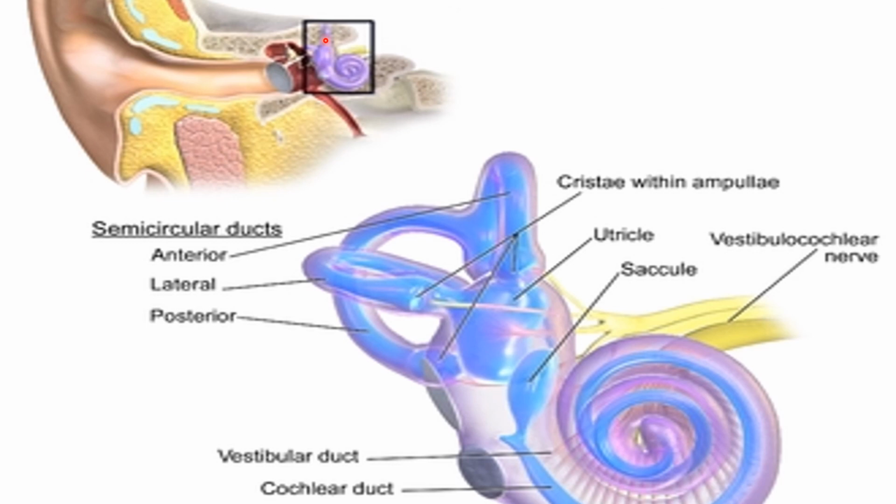The ear is not only the organ of hearing but also the organ of body equilibrium. So you learned that semicircular canals help in maintenance of dynamic equilibrium and utricle and saccule help in maintenance of static equilibrium. Thank you.